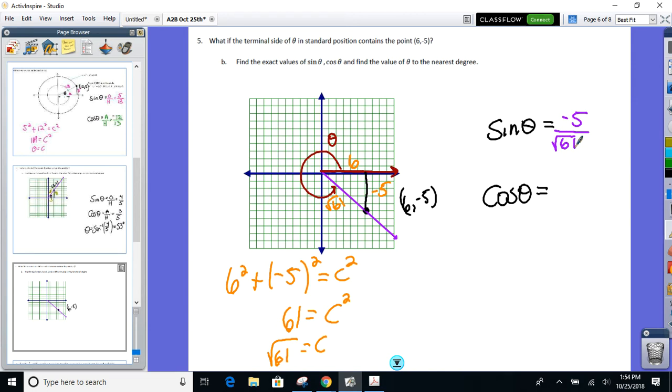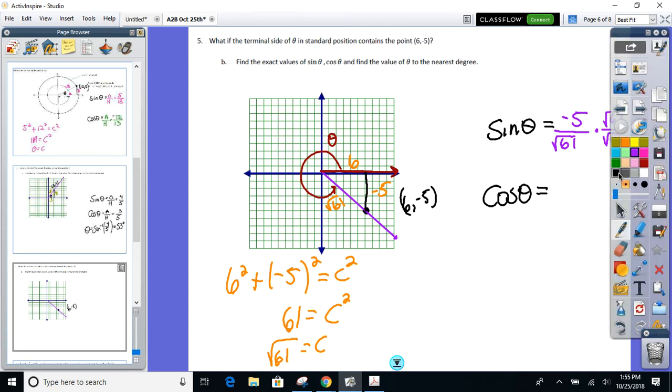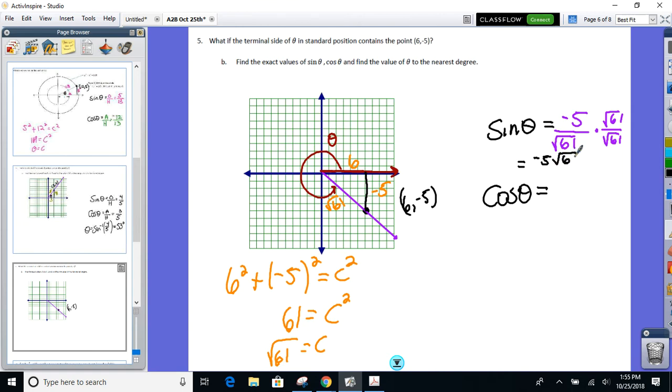Have some self-respect. Can't have a radical in the denominator. How do I get rid of it? Multiply top and bottom by radical 61. So this one will equal -5 radical 61 over 61.